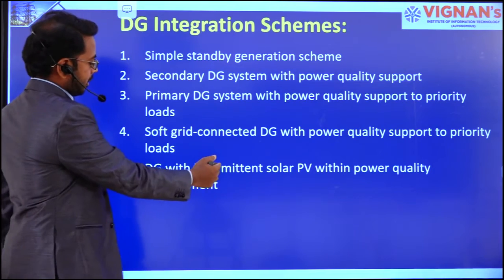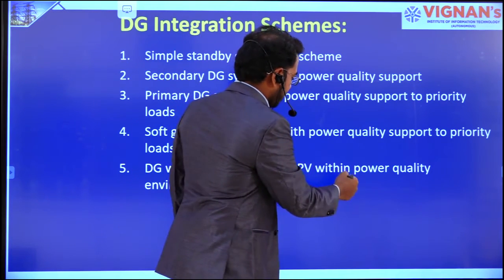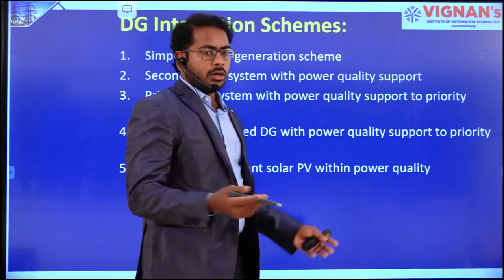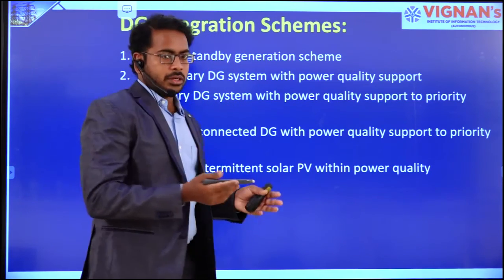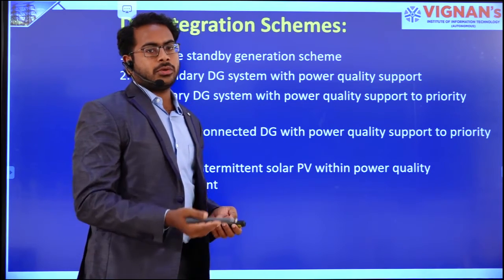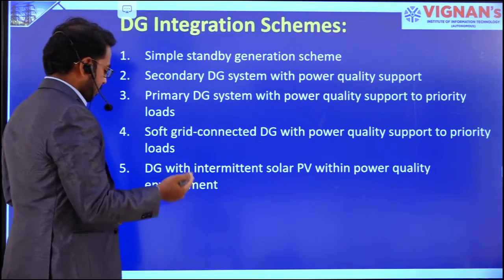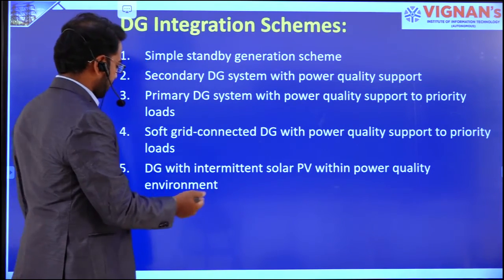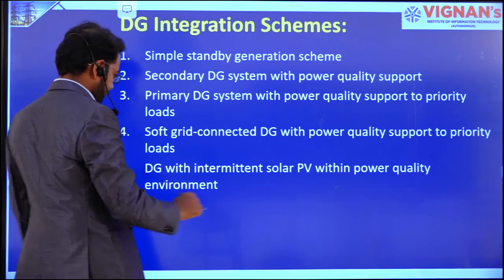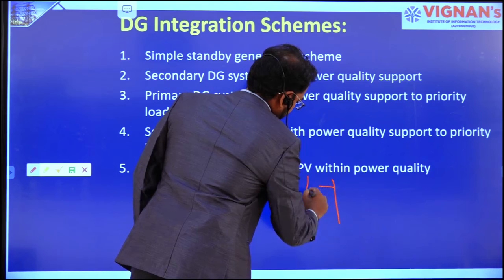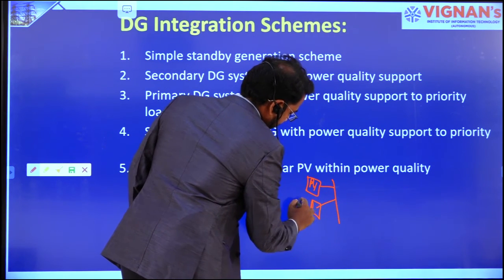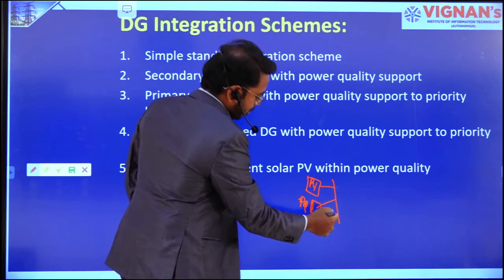The fifth one is a DG with intermittent solar PV within a power quality environment. So here we have the DG, and we are taking a PV system also, in addition to PQ. Three things: the DG, the PV system, and this PQ support.